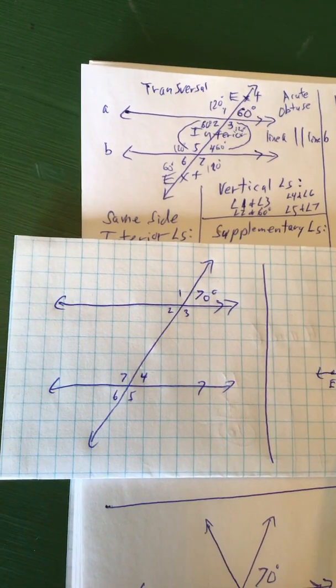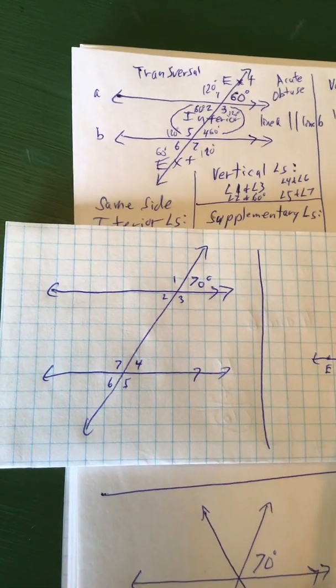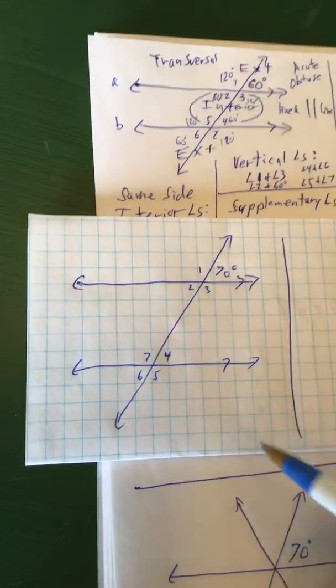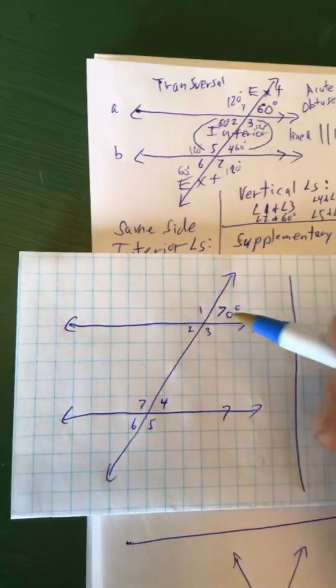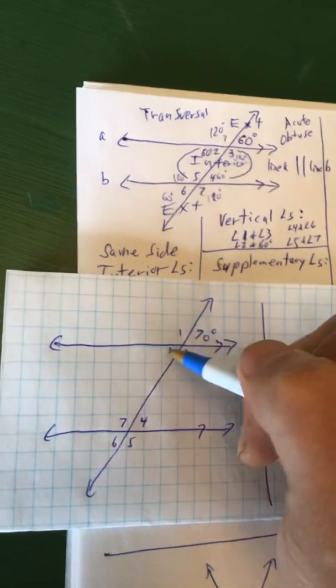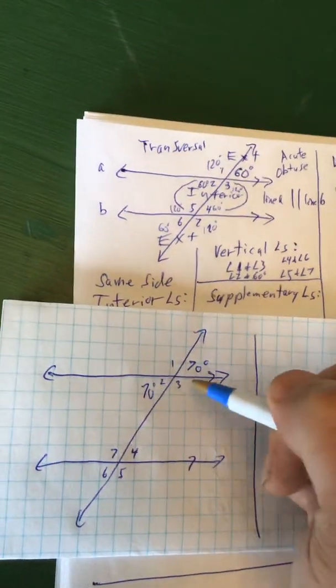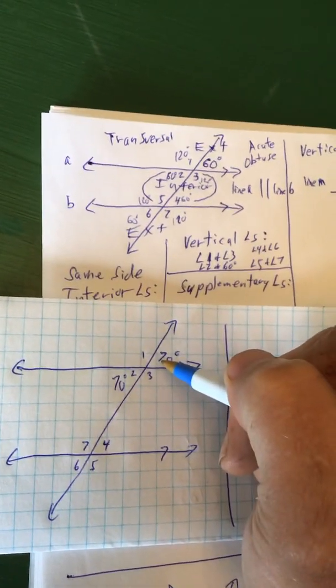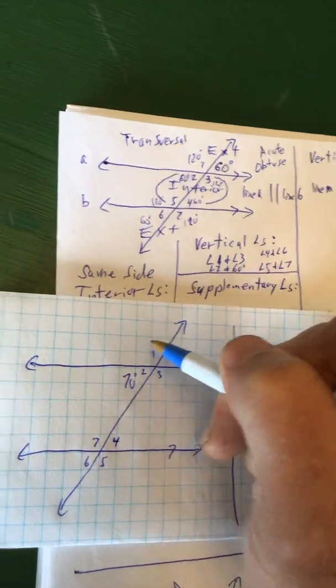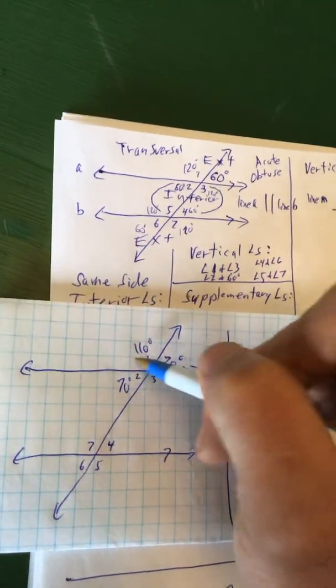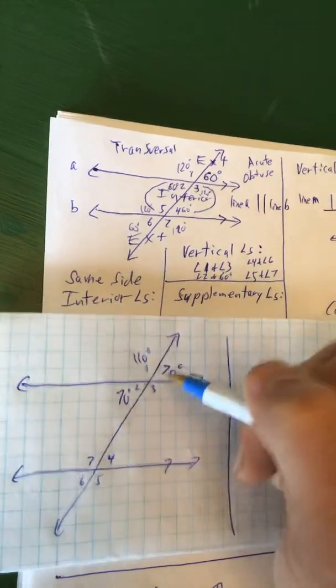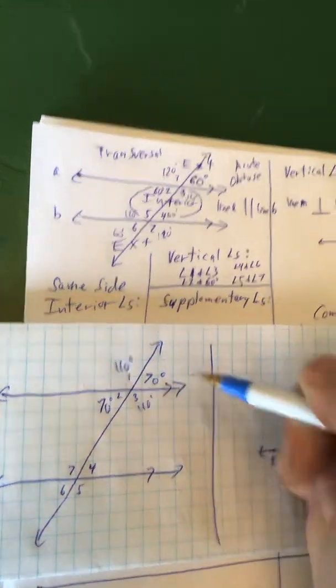And when we're done, turn it back up, and I'll do some more explaining. The order might be totally different. If this one's 70, this one's 70, because these are vertical. If this is 70, this is 110, because these are supplementary.